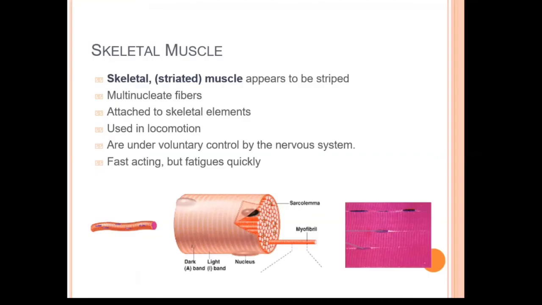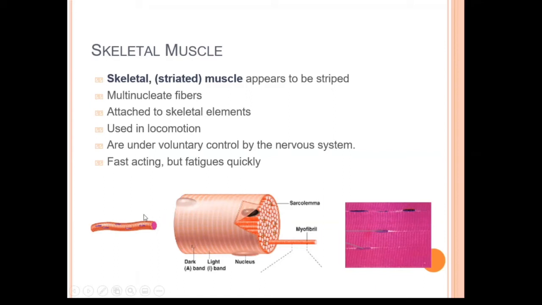The first and the most common type of muscles in the animal's body are called skeletal muscles, also known as striated muscles, because these muscles appear to be striped and layered due to the presence of bundles which are regularly and very neatly arranged into muscle fibers and then muscle tissues.